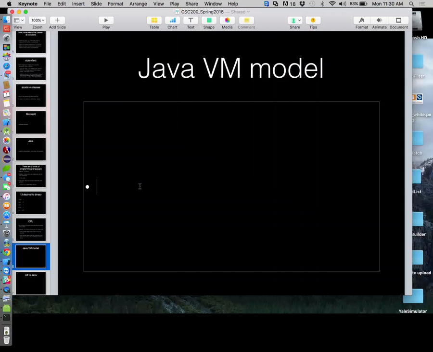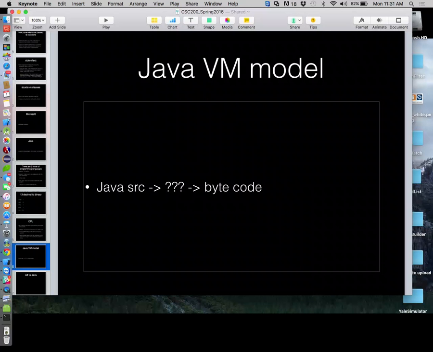So we start off with our Java source code, which is going to be our high-level language. It ultimately has to be converted, I'll put a couple question marks here for right now, into what we're going to call bytecode. That's a low-level language. So we're going to translate our high-level language and explode it out into a bunch of low-level language.